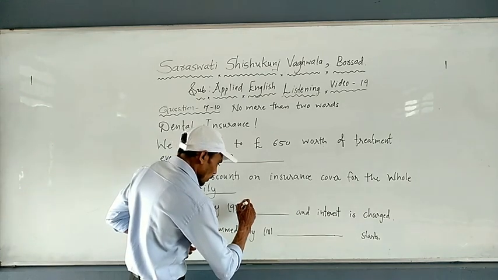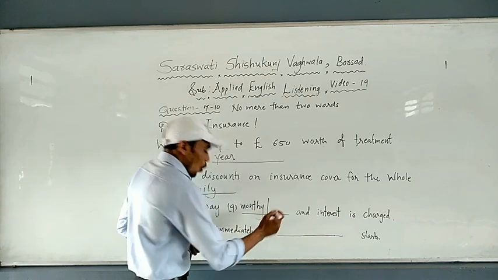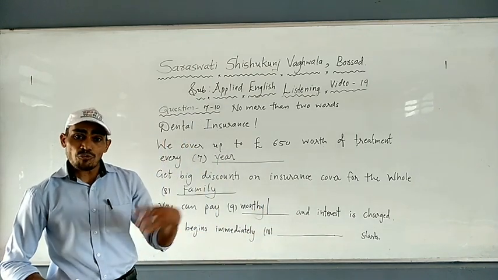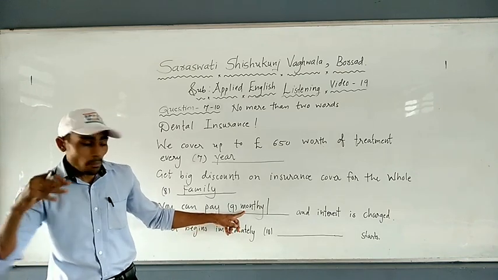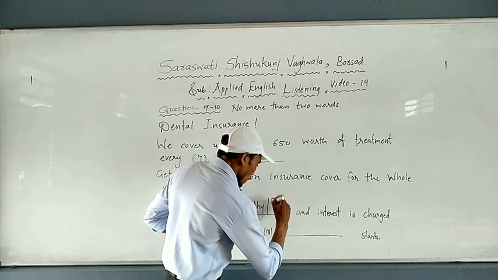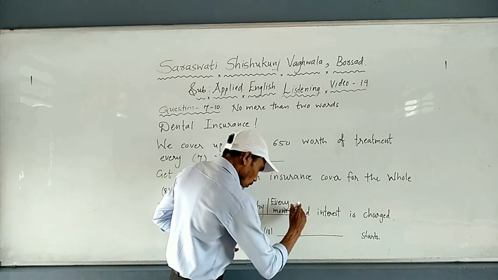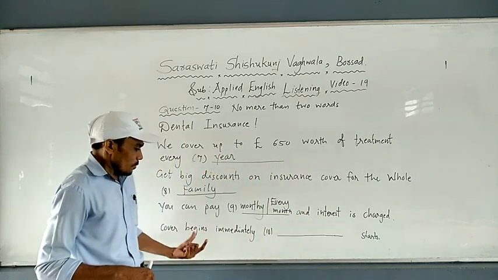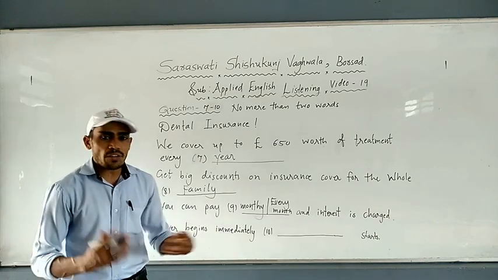Okay. So if you have written monthly, then also correct. The word is monthly in the conversation, but if you have written every month, then also correct. So I write two options: every month. Okay. And when I show, so the cover begins immediately.